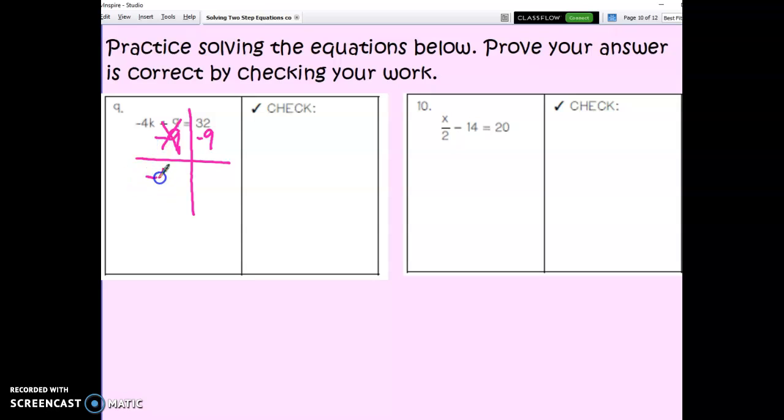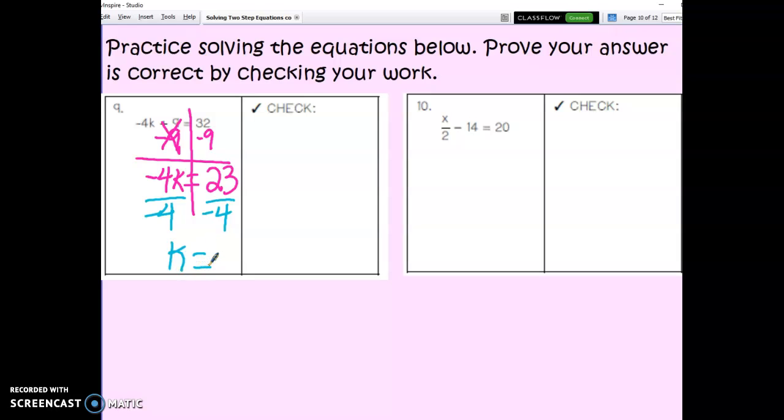That's going to give me negative 4k. Then I have 32 minus 9, which is 23. Okay, my next step is to then divide by negative 4.